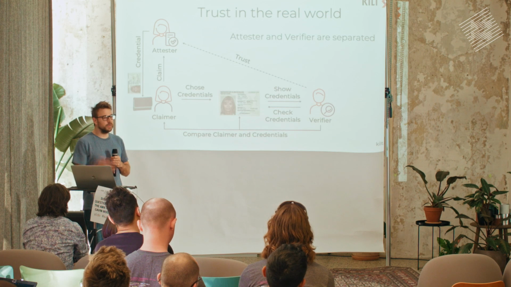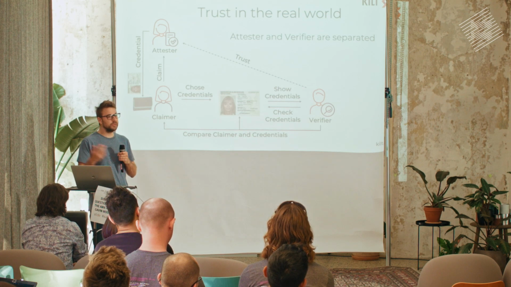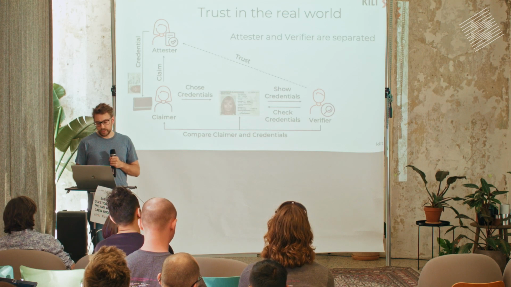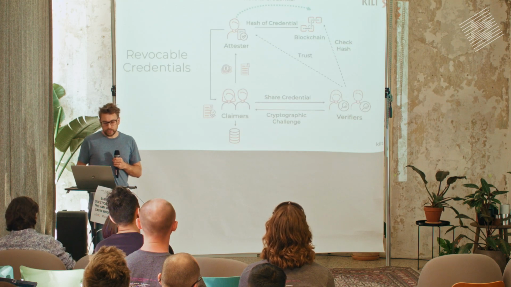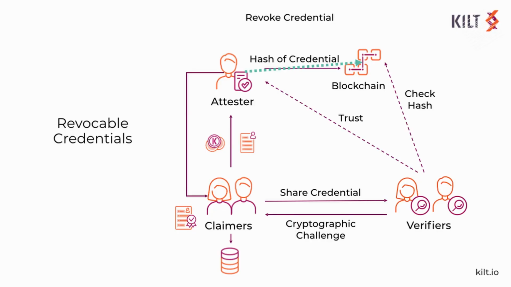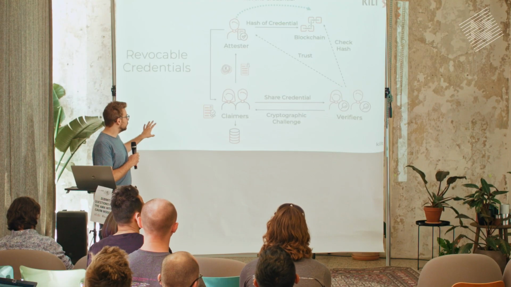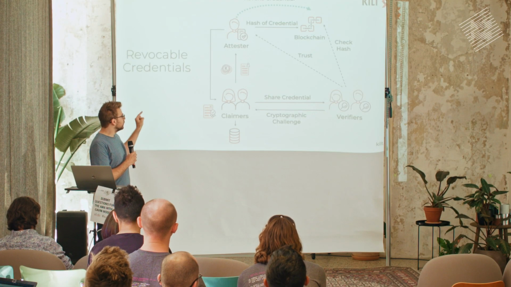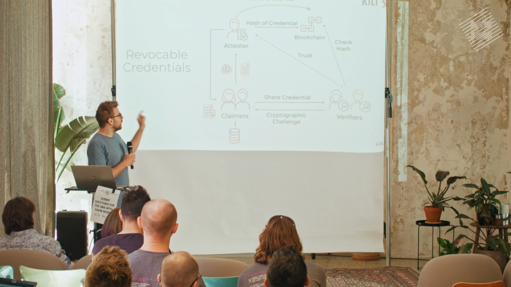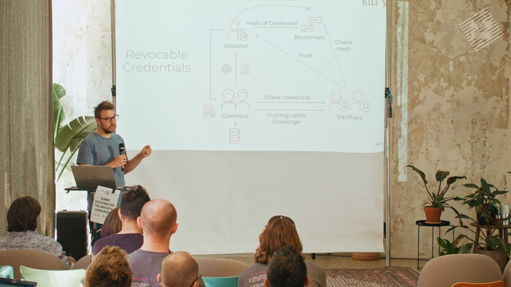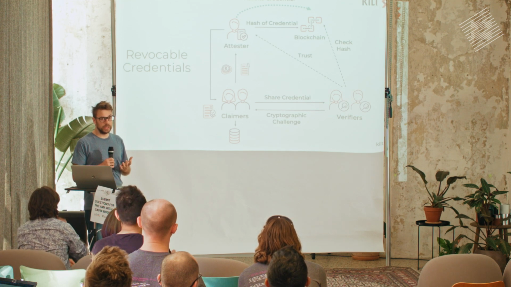Okay, cool, but we can do this on the internet as well. Why do we need a blockchain? We need a blockchain as soon as we want to have revocable credentials. In this scenario, the attester issues a credential, but also writes the hash of the credential on the blockchain, which is like a distributed central place.